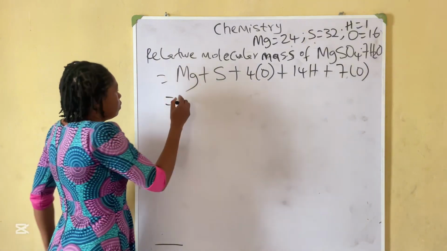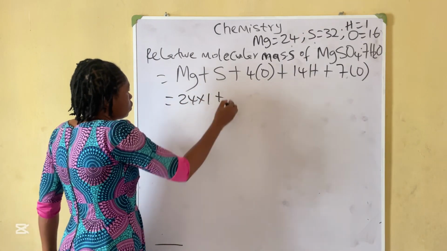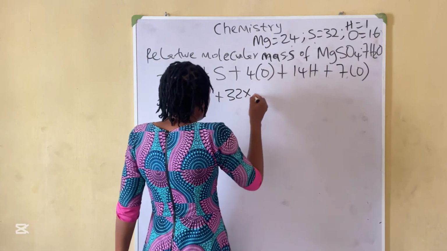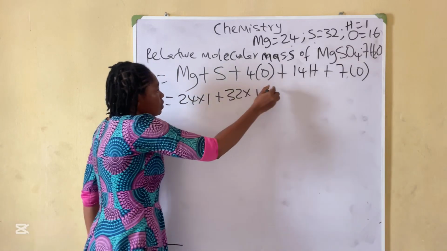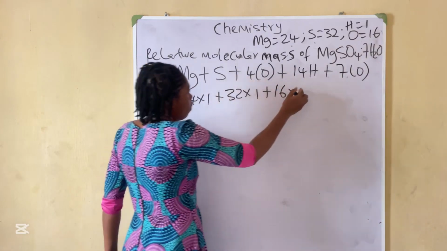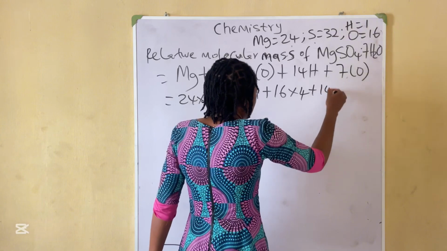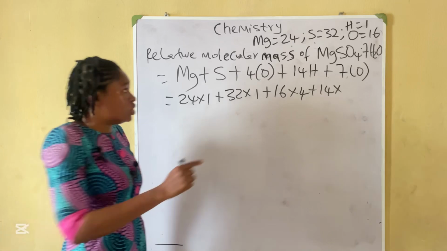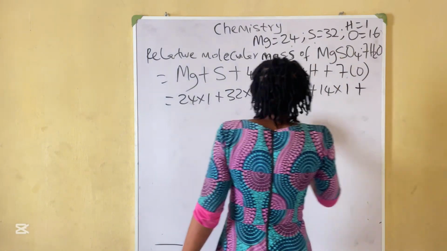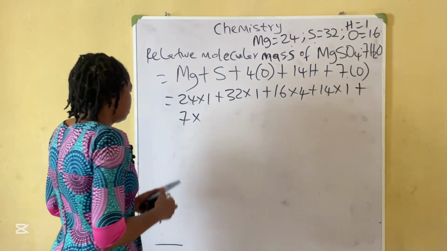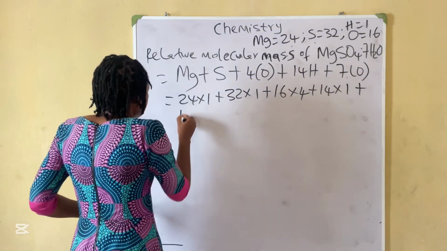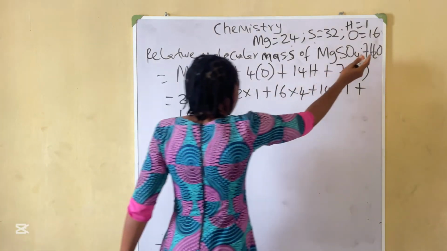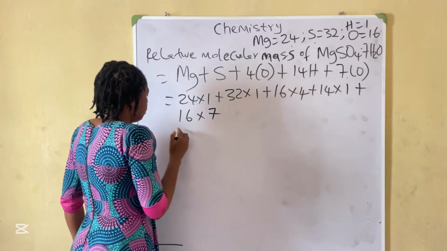Magnesium is 24 times 1 plus, I have 1 atom of sulfur, my relative atomic mass is 32, 32 times 1 plus oxygen, 16 times 4 atoms of oxygen, plus hydrogen, 1 times 14, plus 16 times, how many atoms of oxygen do I have from the water? That's 7. So let's add them up.